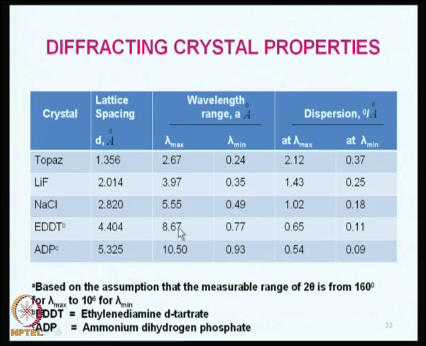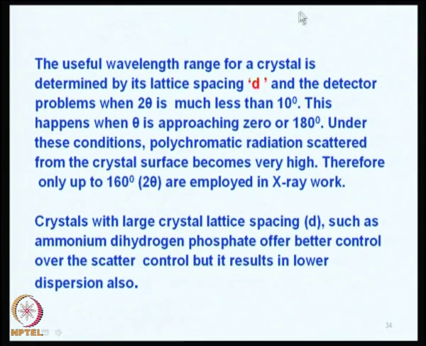Suppose you want X-rays between 0.77 and 8.67 angstrom units, then you should go to this table and look for which material gives you the radiation corresponding to that range. That corresponds to ED/dt. So, depending upon the wavelength, you should be able to choose the crystal material for X-ray collection.